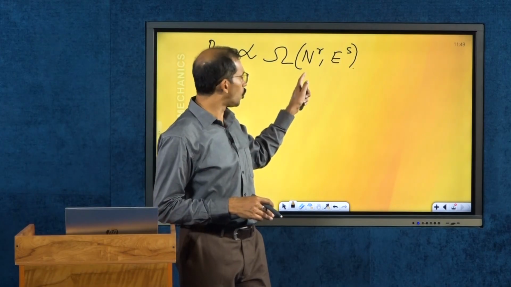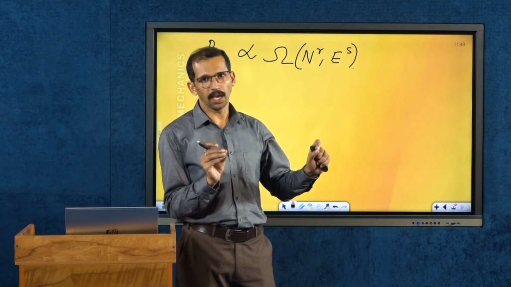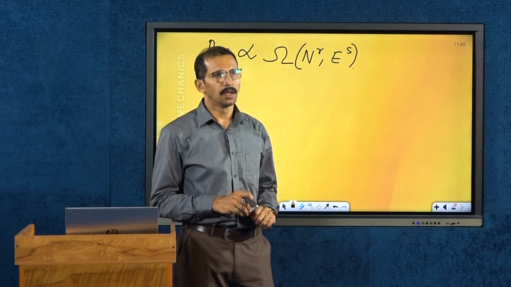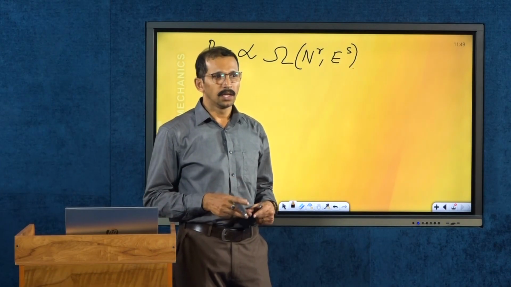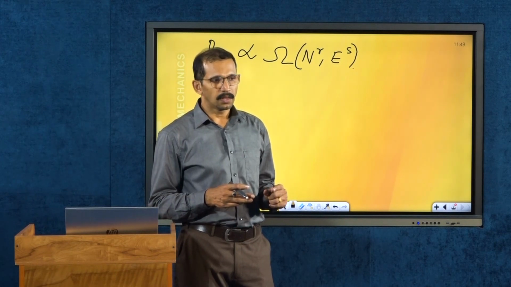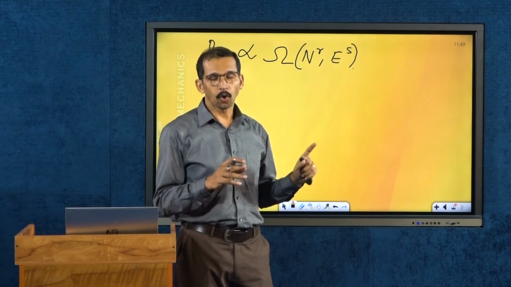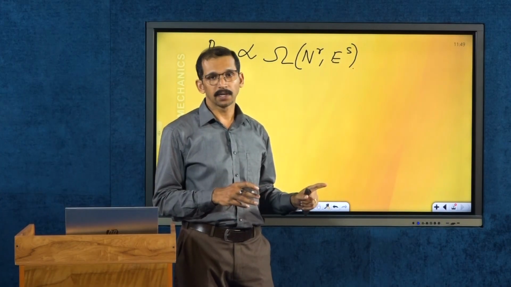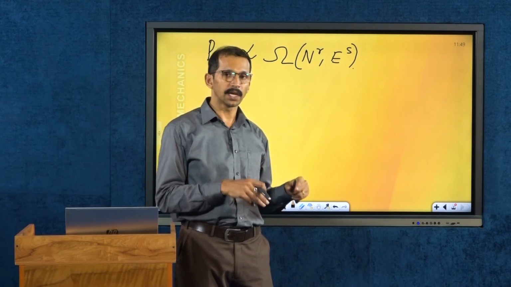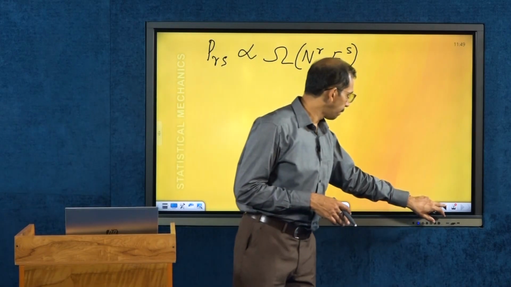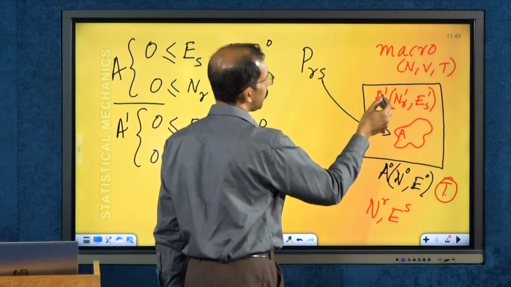Basically, since this is a very small number, because in the bigger volume I am taking only a small volume A within the box A0, this calculation of the probability will be more accurate if I take the probability of the number of particles N_R' and the energy E_S' in the area outside the small area A, right, because this area is very small, or even negligibly small compared to A dash.